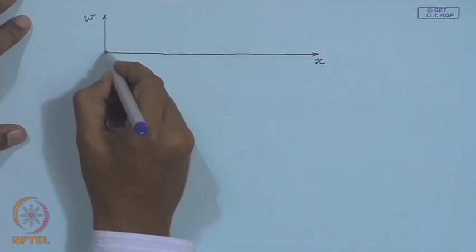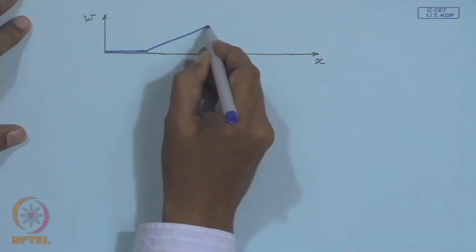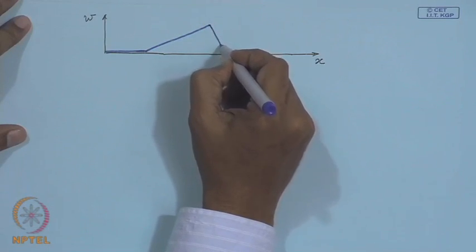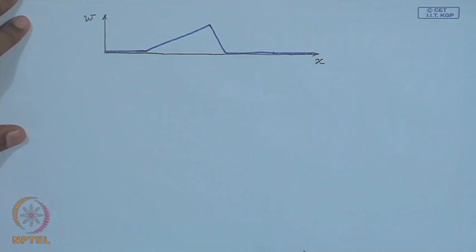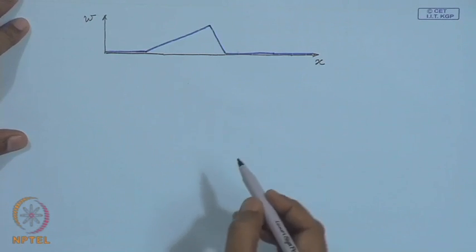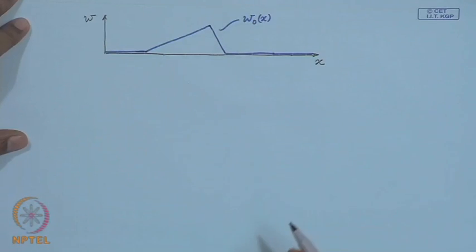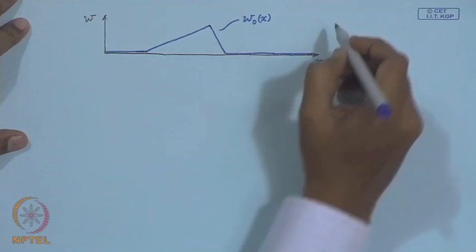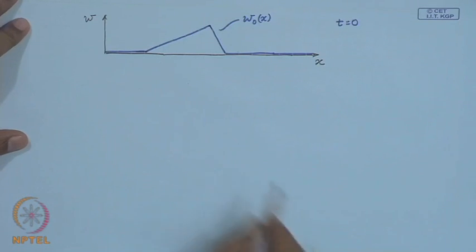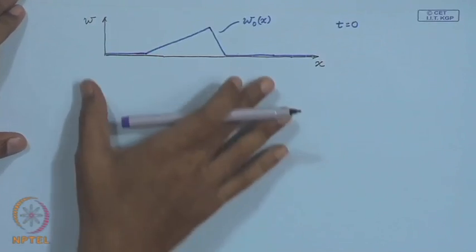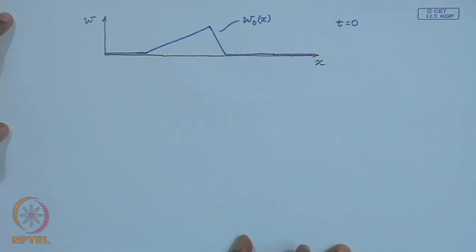Suppose the initial shape is given like this. So, at time t equal to 0, this is the shape, or this is the configuration of the system. Suppose you consider this to be a string, let us say. Suppose this is a string. So, the shape of the string is like this.